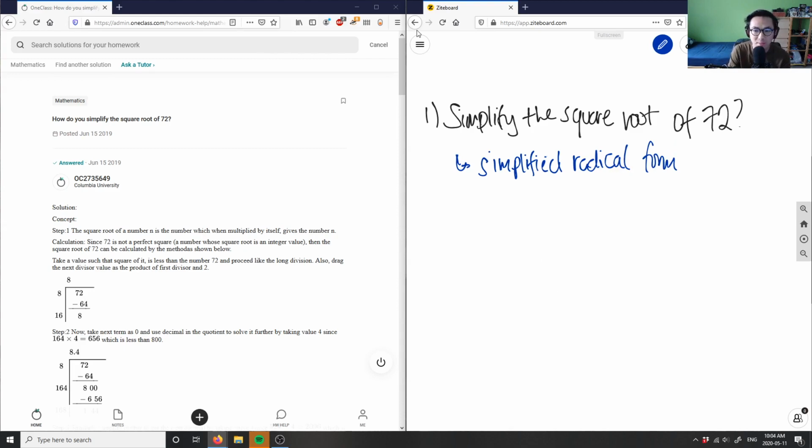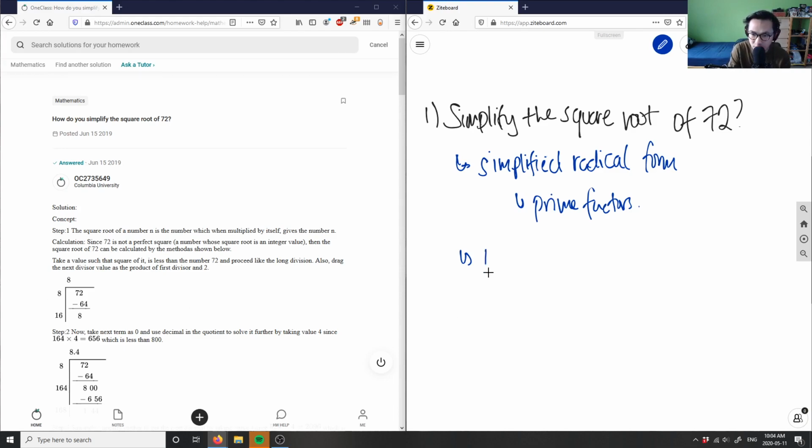So that's simplified radical form. It uses this concept of prime factors. Or you can think of this question as, I believe the solution is doing, the method of long division.